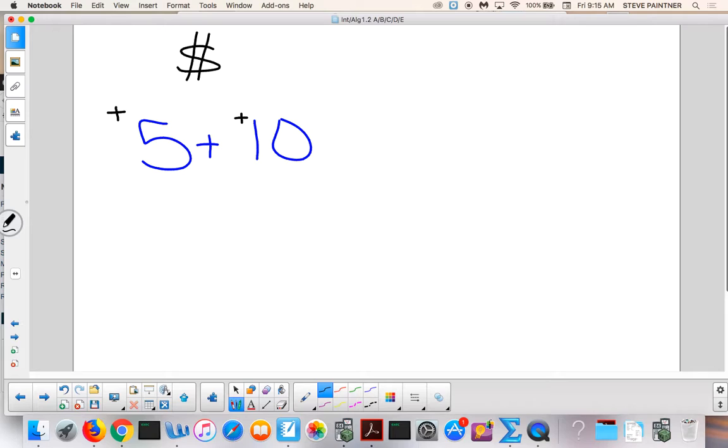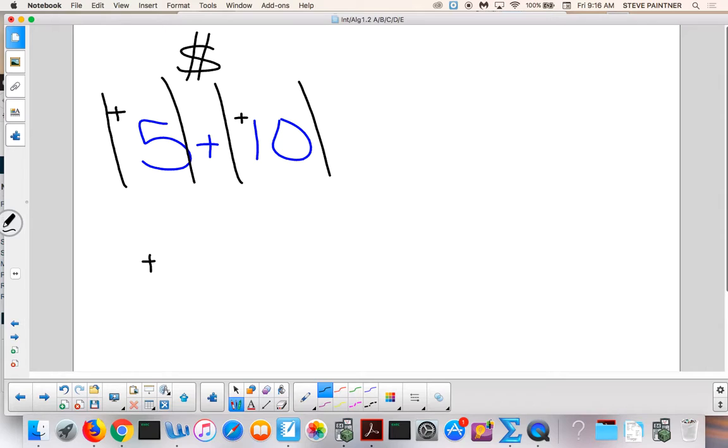If you have positive plus positive, I always say think money. Positive 5 means you gain $5, plus positive 10 means you gain 10. If you gain and you gain, you're going to end up with a positive. So when you add 2 positives, you get positive. This is the way they explain it, though. They say take the absolute value of each number. What's the absolute value of this? 5. What's the absolute value of this? 10.